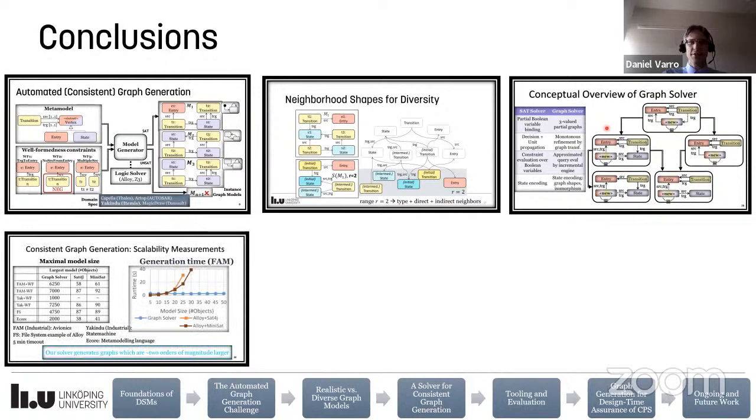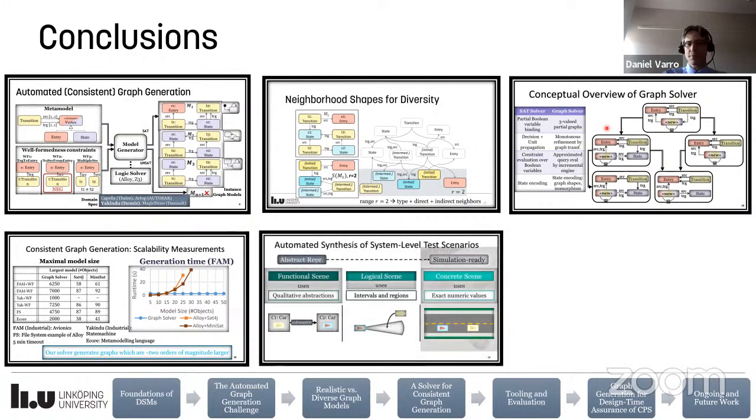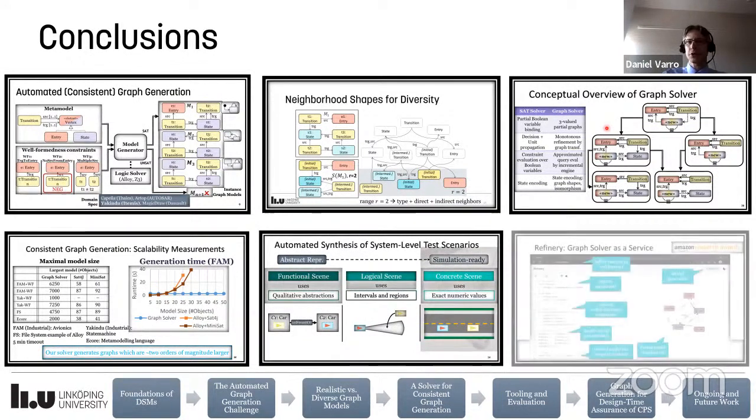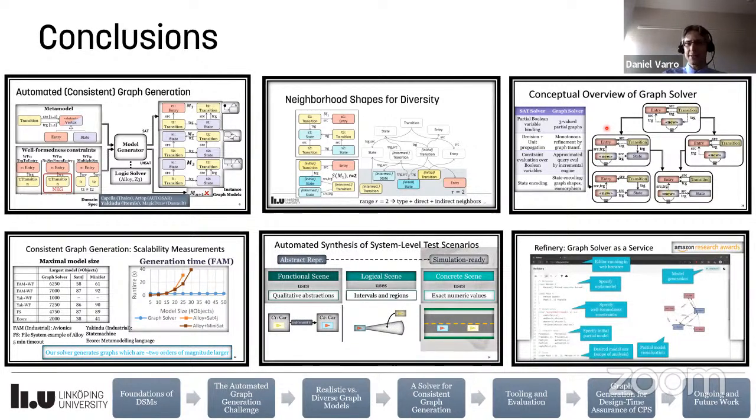In a sense, reaching quite favorable scalability results compared to mapping the whole problem down to logic solvers. And I showed you one application scenario related to the testing of autonomous vehicles. And stay tuned with respect to our ongoing work on Refinery as a framework. Thanks a lot again for listening to me, and I'm around if you have further questions.